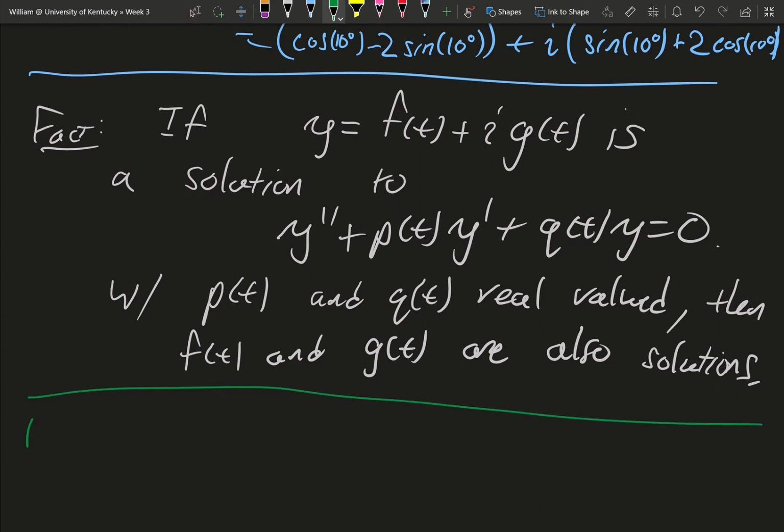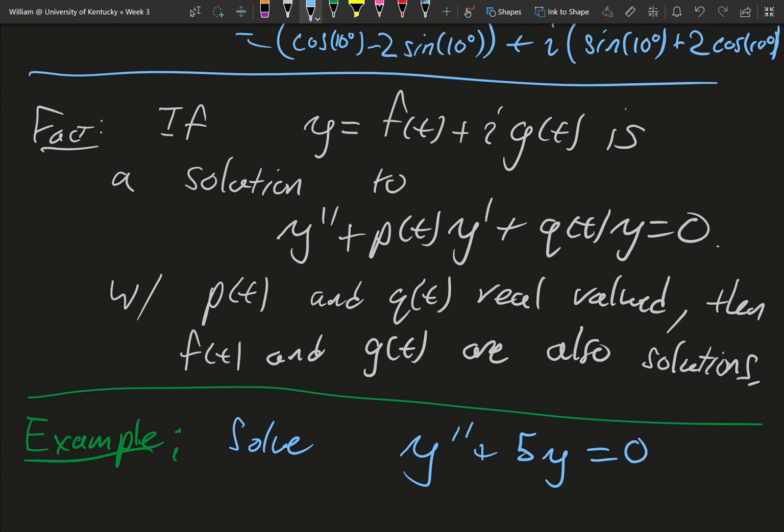All right. So let's look at 2 more examples, and then I'll do an exercise, let you guys go. So let's solve, by which we mean find the general solution to y double prime plus 5y equals 0.